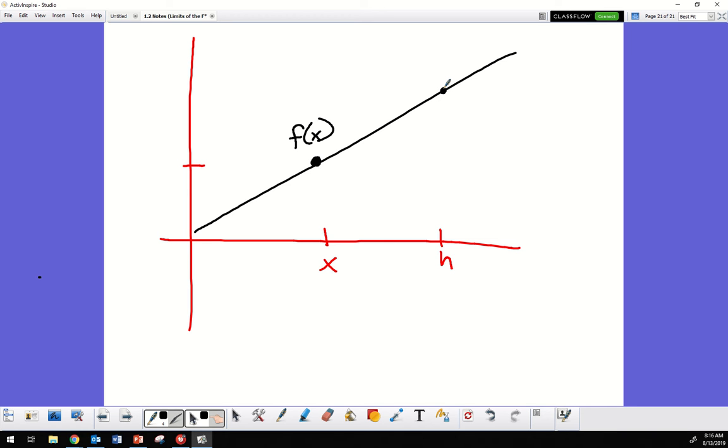How about this point right here? This is some arbitrary number that I'm adding to this, so I don't know where this thing is going to be. I know it's going to be somewhere. Let's pretend I'm adding 5.